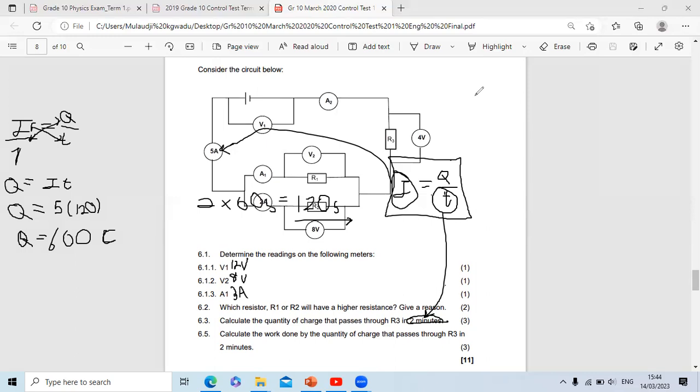Just from curiosity, have you guys learned how to calculate the charge and the work and stuff like that? Yes.